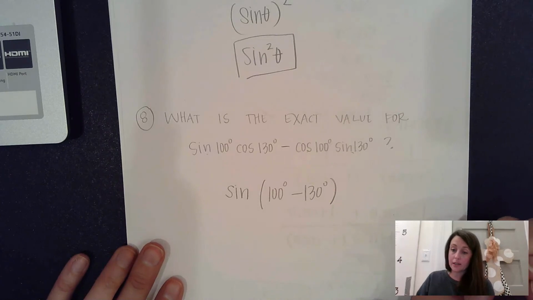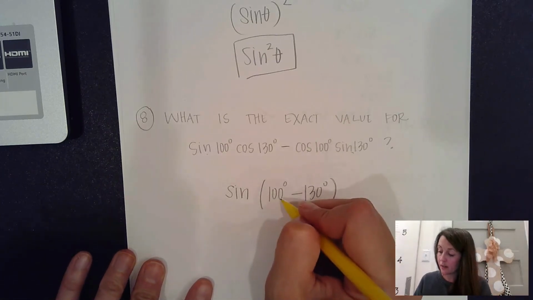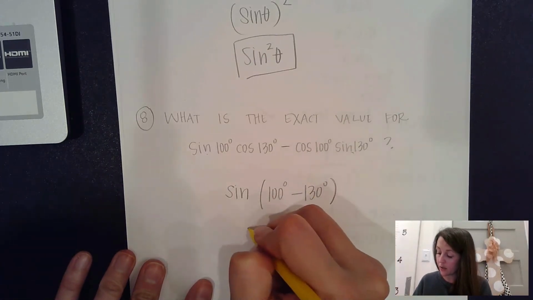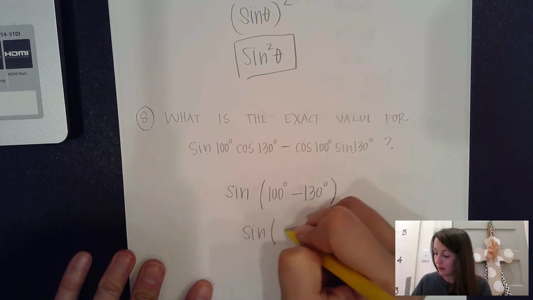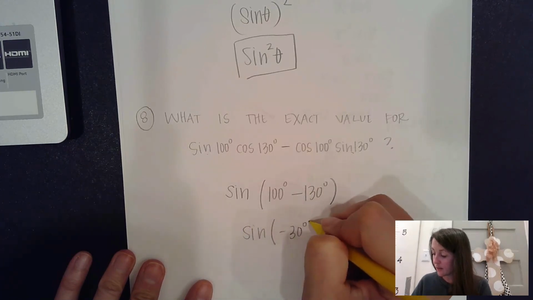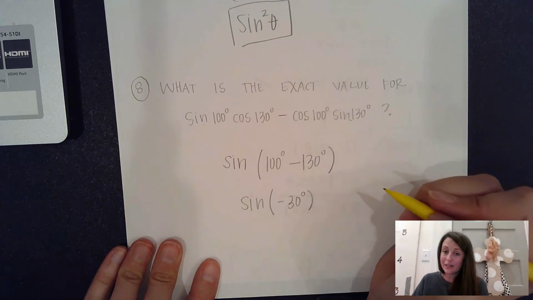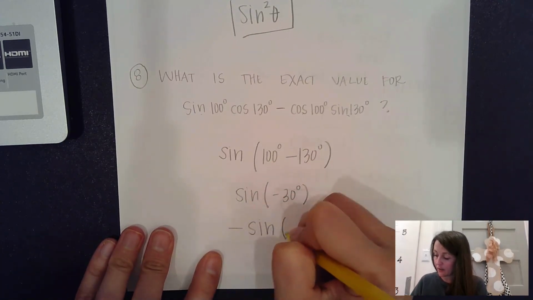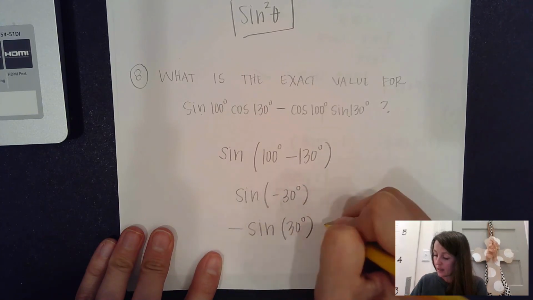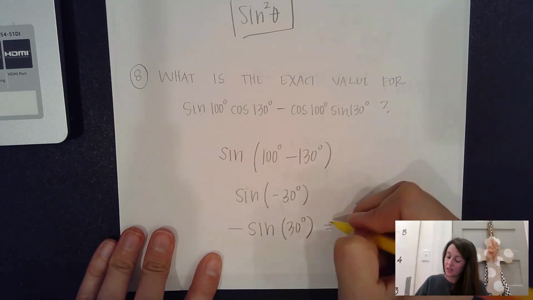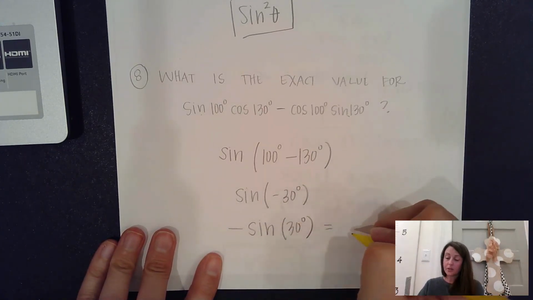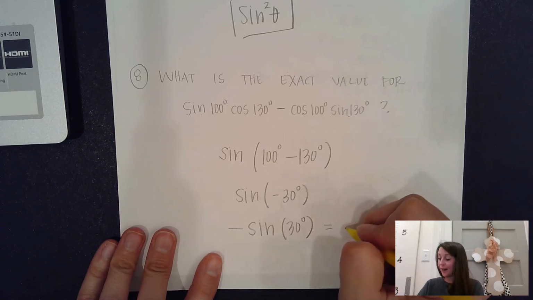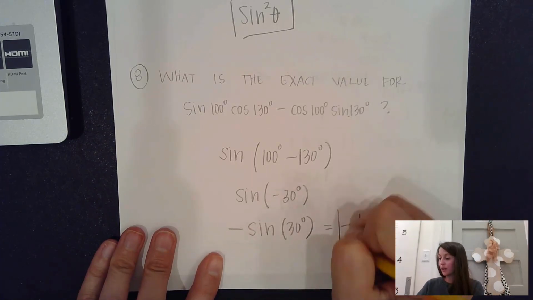So therefore, I can simplify this. Sine of 100 minus 130 is sine of negative 30 degrees. Remember, sine is odd, so this is the same thing as negative sine of 30 degrees. And sine of 30 degrees is what, 1/2? So this will be negative 1/2.